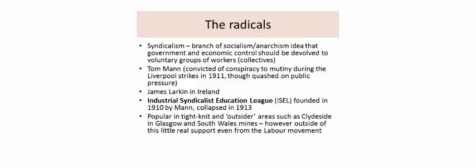And one of their leaders is a guy called Thomas Mann. Now in reality, he is actually arrested and convicted of conspiracy to mutiny. He tells the troops in a newspaper article not to shoot at their fellow working class soldiers. Now this is perhaps disproportionate, and he is arrested not on the orders of the government, but on the orders of the local magistrates. It's a very important distinction.